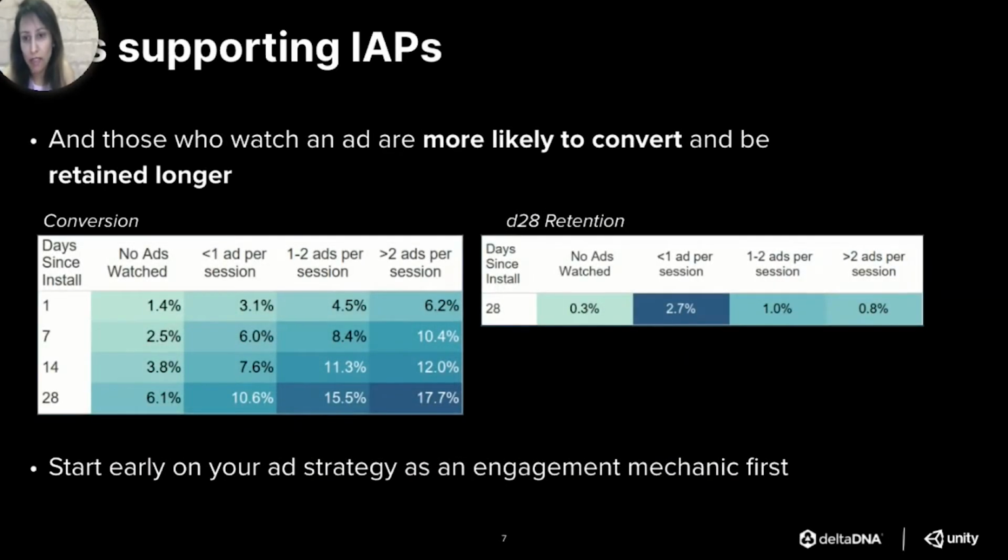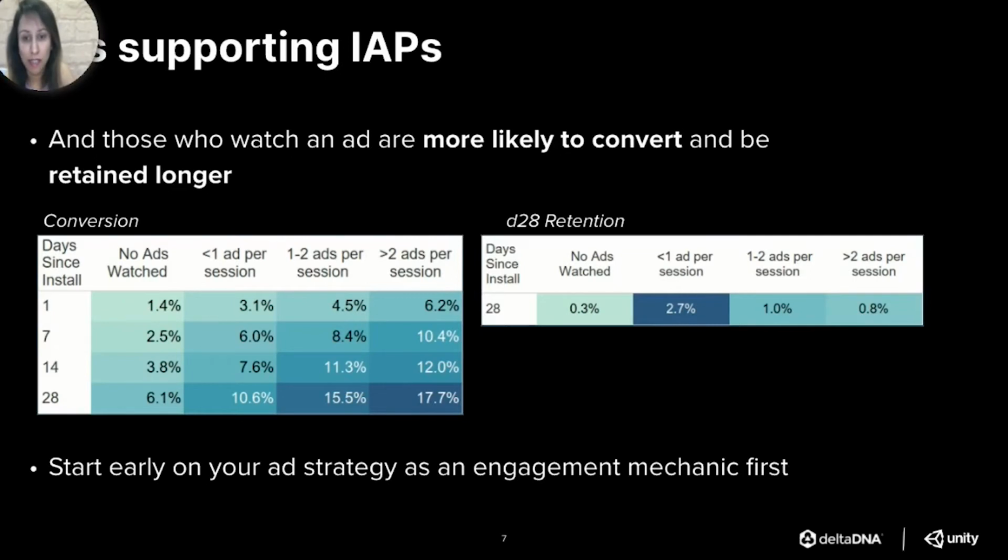Now we started to look a bit deeper, and we looked at conversion and day 28 retention. Those that watch an ad are more likely to convert. You have already seen that in the previous chart, but it's really quite dramatic in the left-hand table.